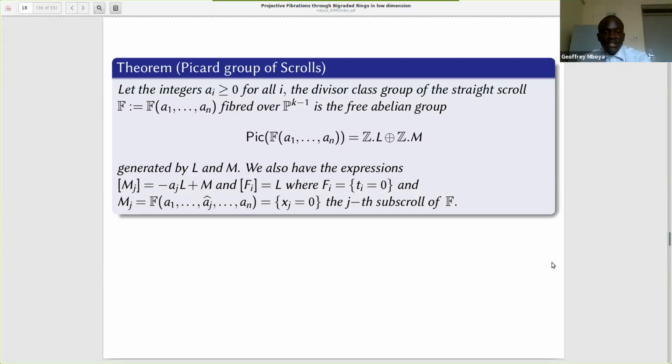And we can always see that the classes of the M_j are defined by L and M, and all the F_i, the loci where the t_i are zero, have classes giving us L.